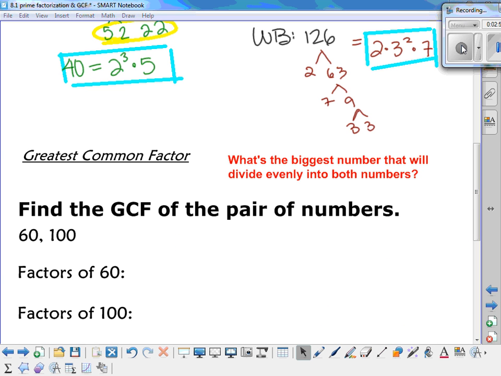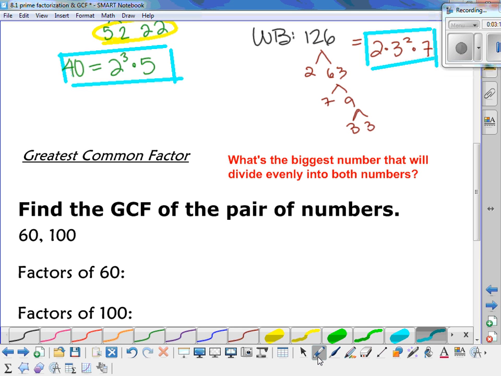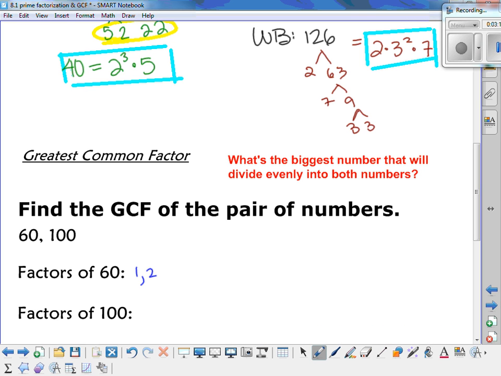Greatest common factor. What is the biggest number that will divide evenly into both numbers? So if I want to find the greatest common factor of 60 and 100, what I can do is write out all the factors of 60. So all the factors of 60: 1 goes into it, 2, 3, 4, 5, 6, 10, 12, 15, 20, 30, and 60.